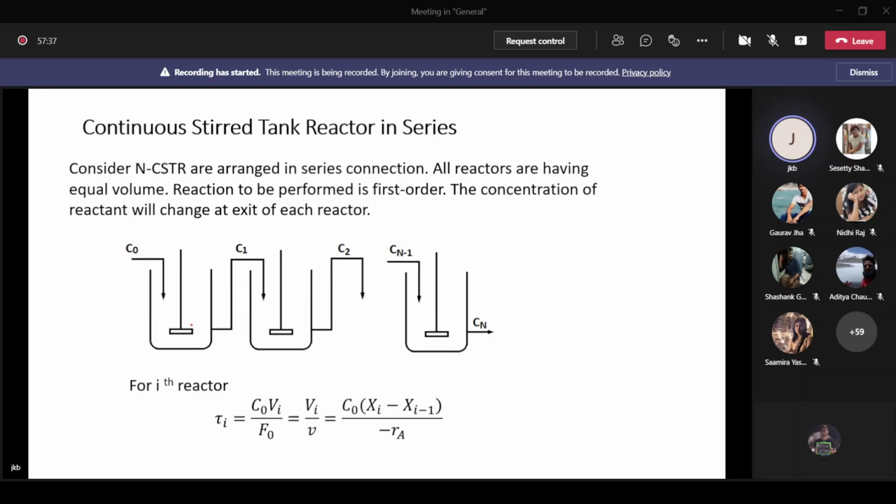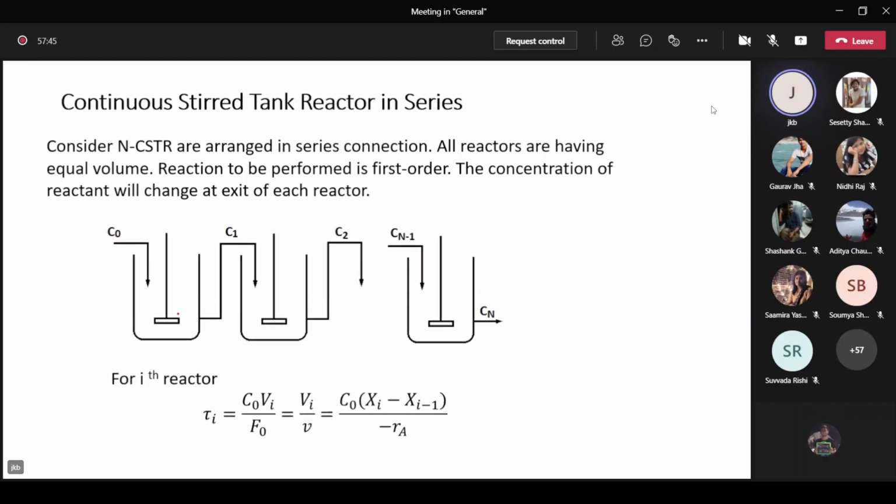And if it is arranged in series, previously I have shown arranged in parallel. So parallel is an easy connection. We can increase the capacity by connecting in parallel, and we can increase the conversion by connecting in series.